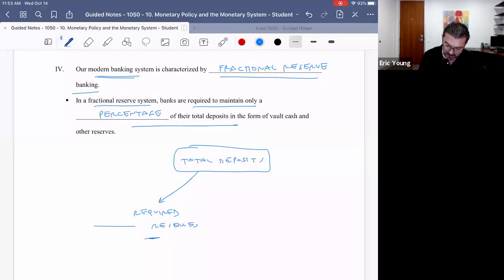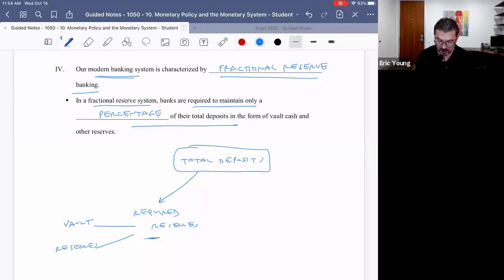Those reserves can be held either in the form of vault cash, or they can be held basically in the form of other reserves. And often banks will park those required reserves with the Fed. We'll explain the Fed in some detail in a bit, okay?